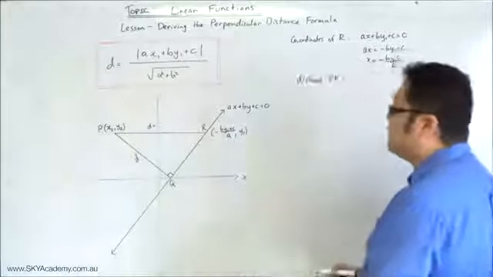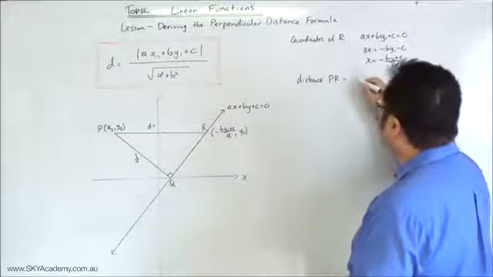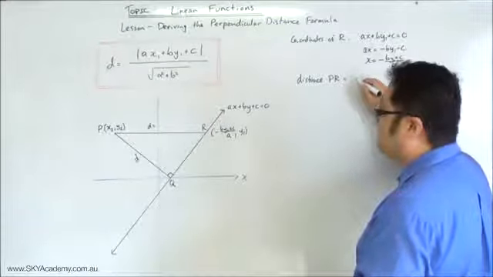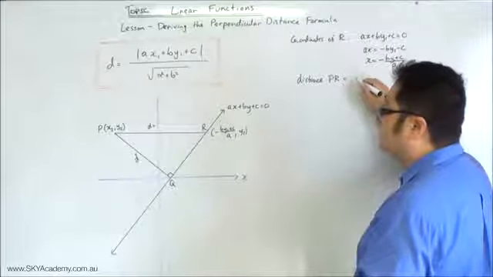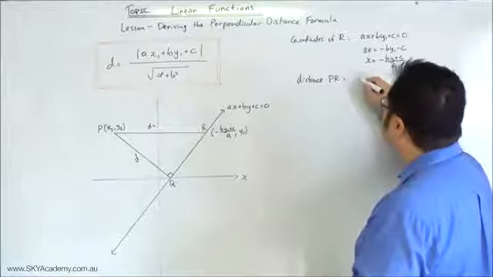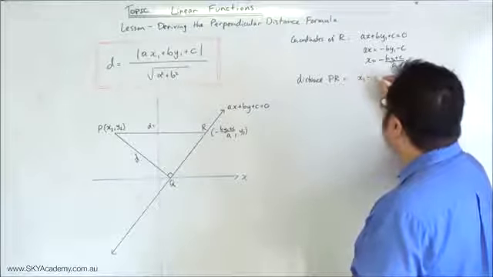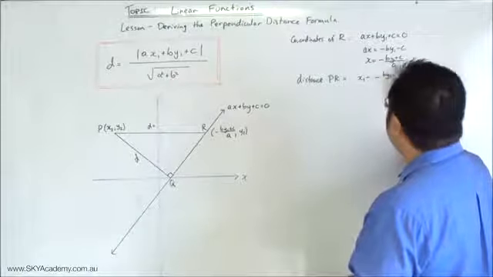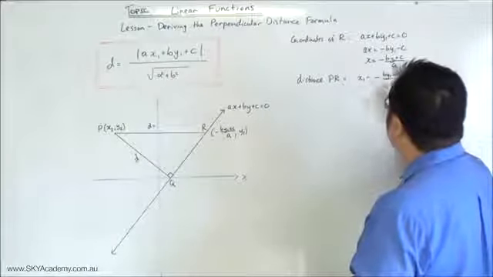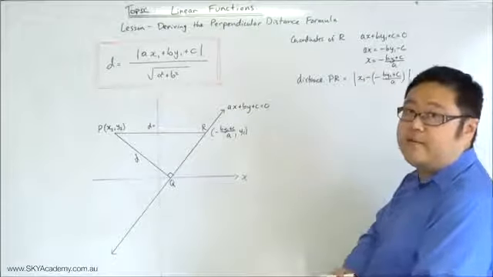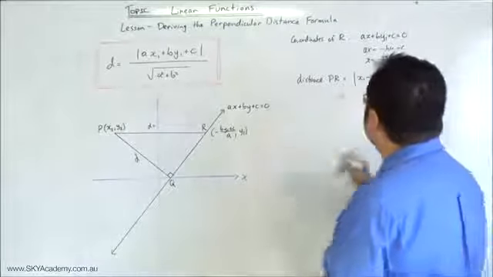So basically what you've got is x1 minus, minus (b y1 plus c) over a, and it'd be the absolute value of that. Yes?